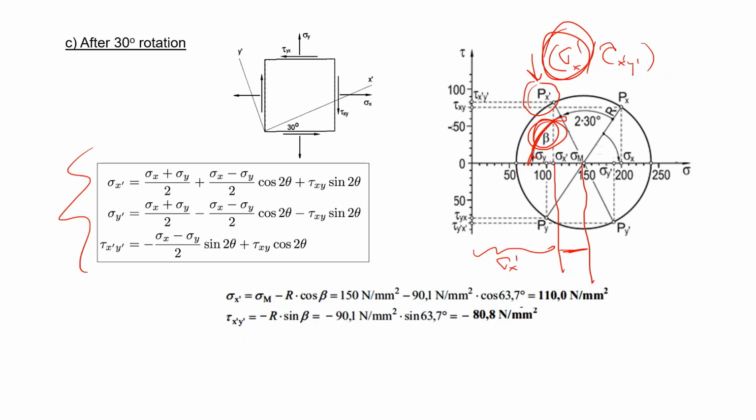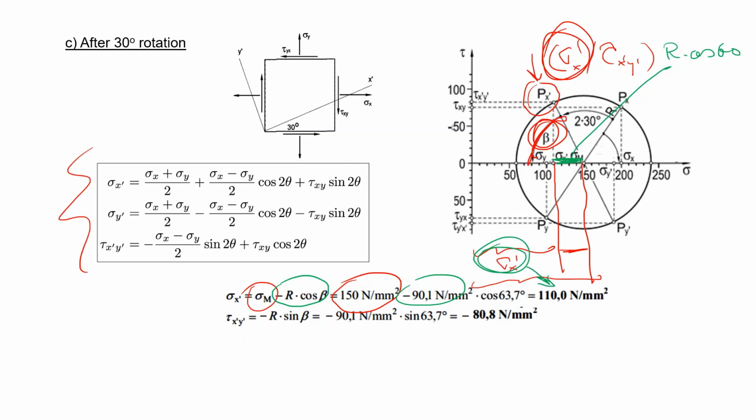So how do you do it? Well, this length is 150 sigma m, and we know that this distance can be easily calculated by r times cosine 60. So minus r times cosine 60, and this value is 110.